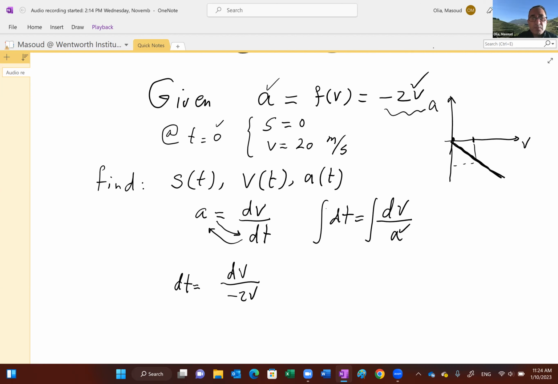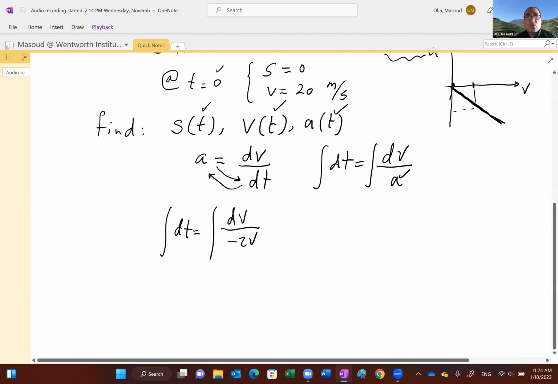And I integrate, and I'm not going to put the limits of the integral, since eventually I don't want instantaneous position or instantaneous velocity or instantaneous acceleration. I want them as a function of time. So I'm going to treat this as an indefinite integral, meaning I'm going to get a constant of integration.